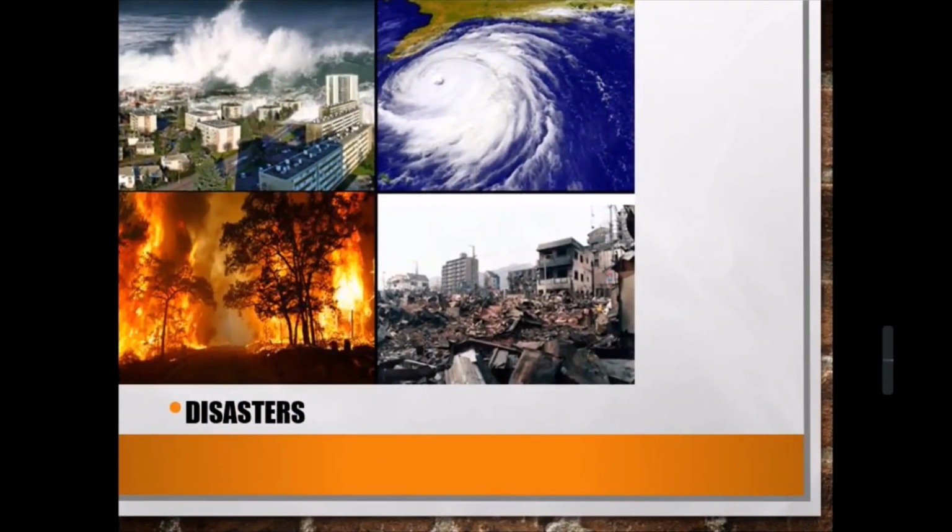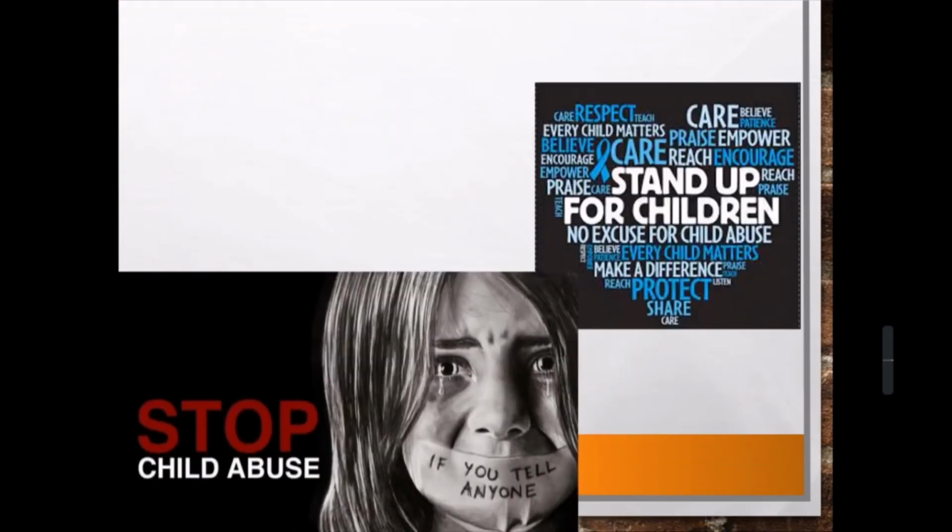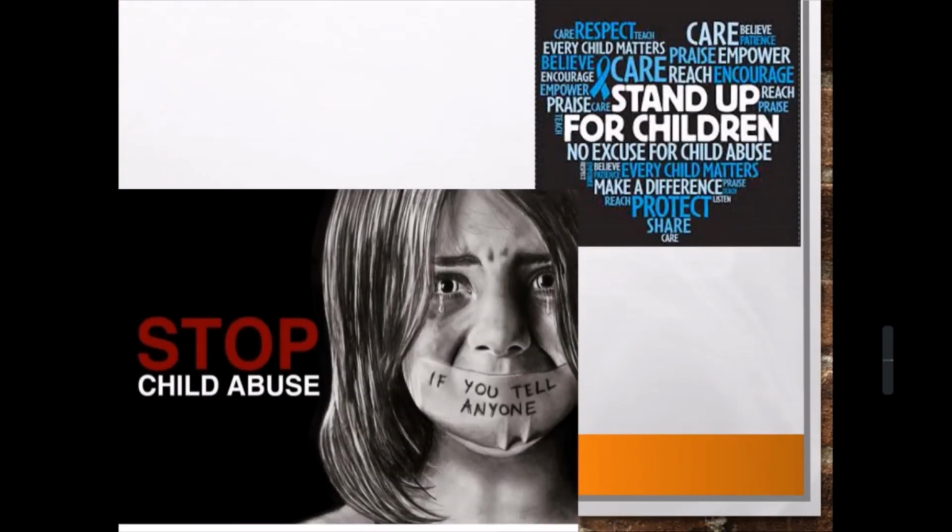And disasters. It can be natural calamities like tsunami, and then typhoons, burns or fire, and then landslides and earthquakes. So it's up to you on how you are going to put that inside your short story. And last, child abuse.